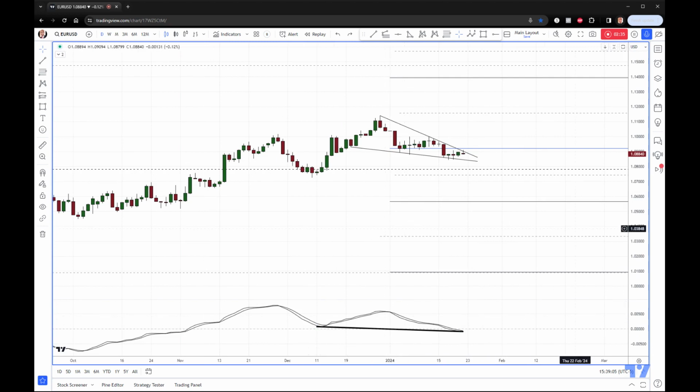Now, those who are not familiar with divergences, this is basically when price makes a low, potentially a higher low, and then whatever indicator that you use, whether that's the MACD in my case, the RSI, stochastics, or whatever momentum indicator or oscillator that you like to use. So this is showing me a potential move to the upside, right? We have a hidden divergence here and then potentially a higher low.